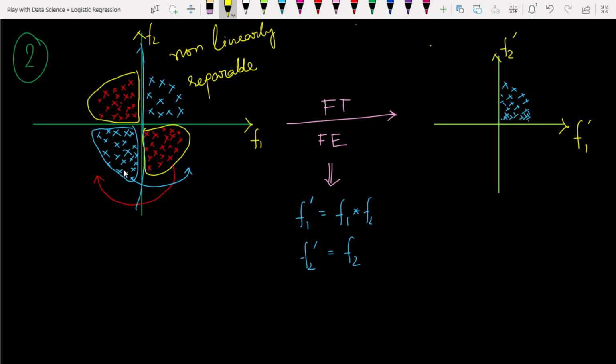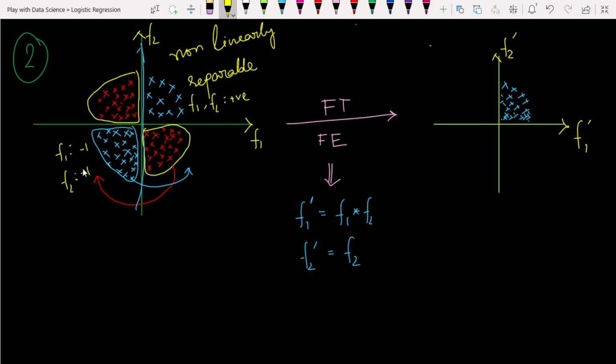Now let's come to this portion. Here F1 and F2 are both negative.